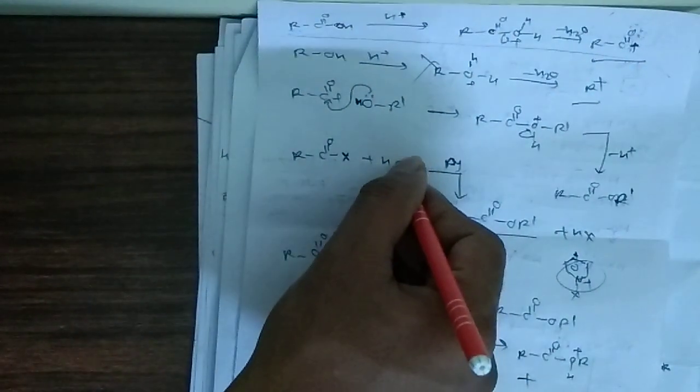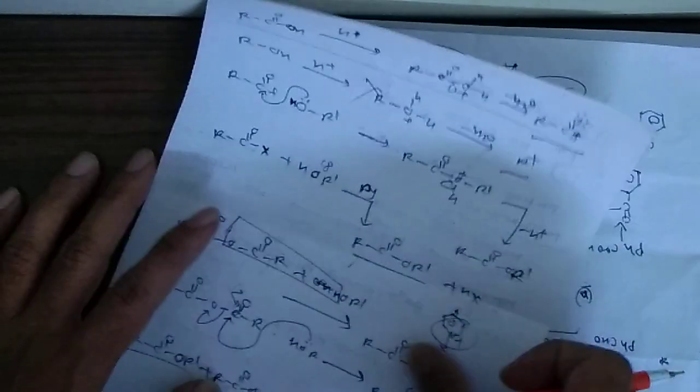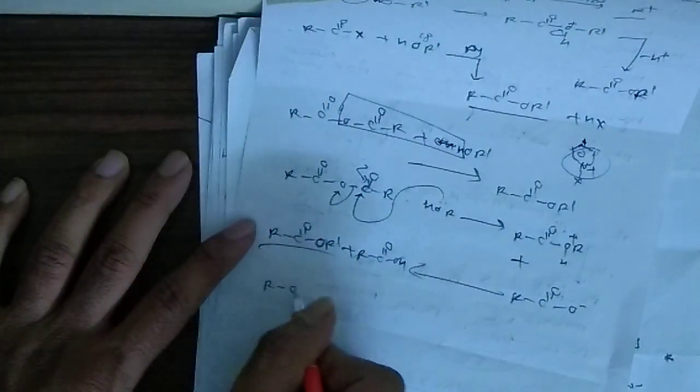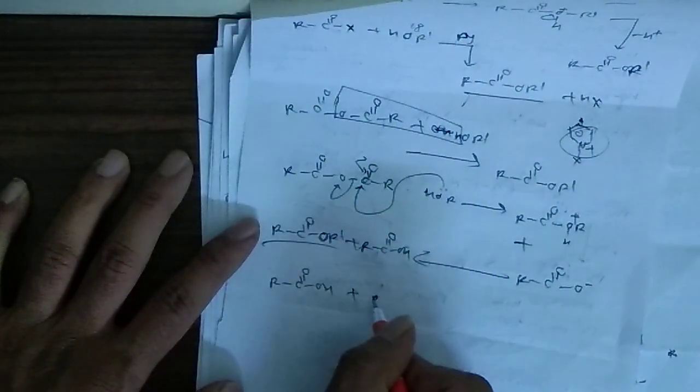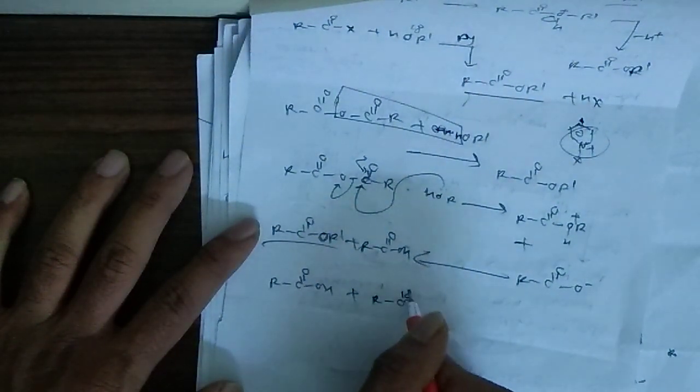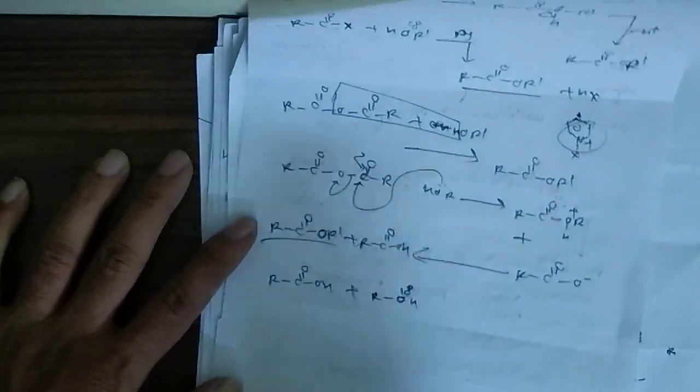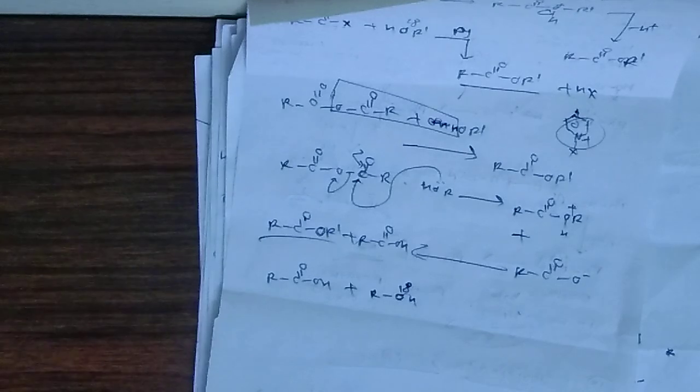This is the big question, but it can be easily solved by substituting the oxygen of the alcohol by its isotope, let's say O18. I am writing here, let's suppose this is our acid, and the oxygen of our alcohol is substituted by its isotope, which has atomic mass number 18.